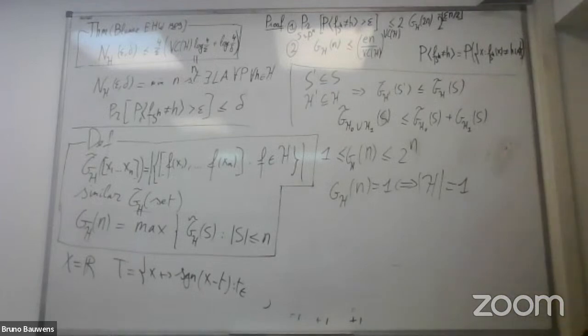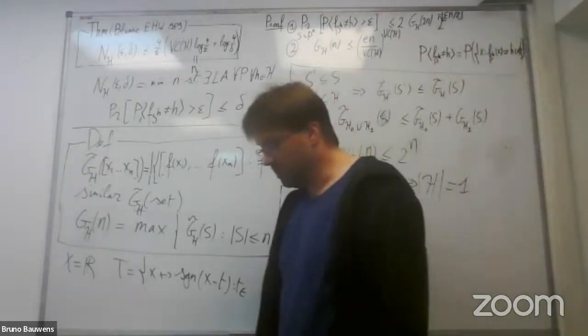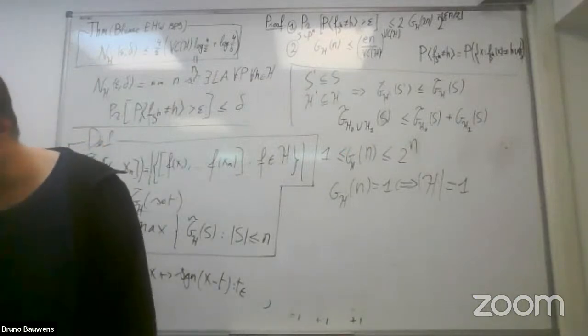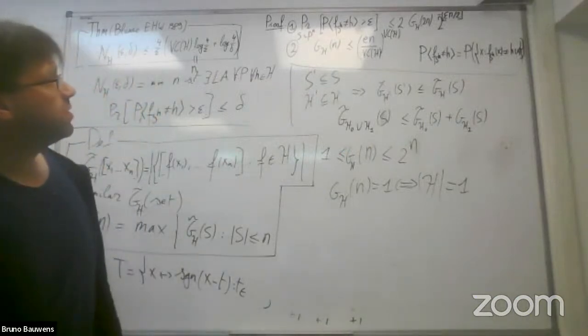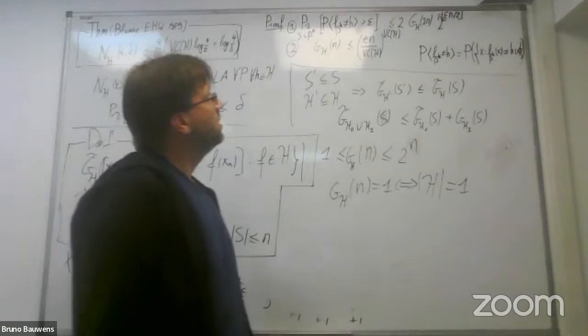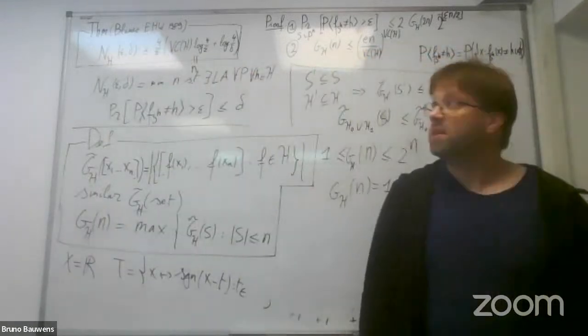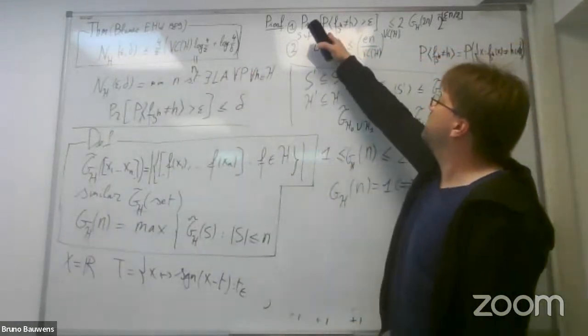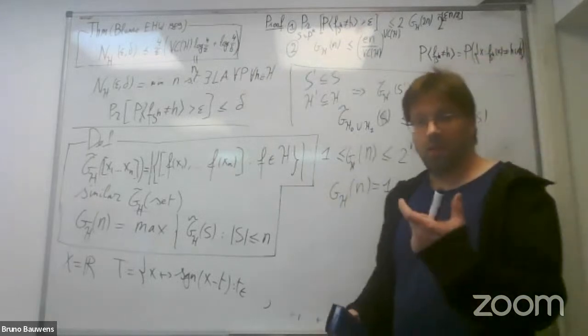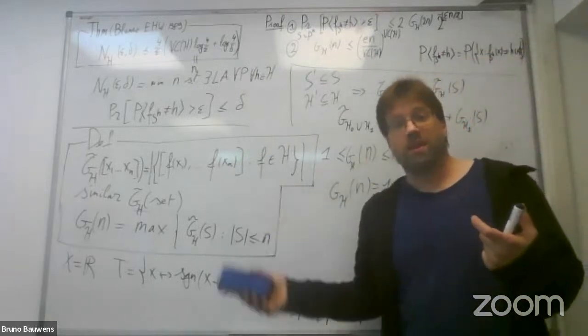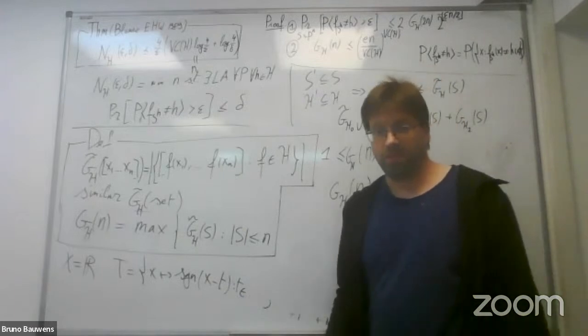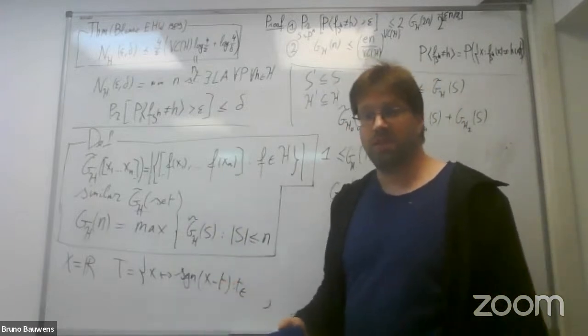Let us try to prove 1. And the idea is easy. The idea is that suppose that we output a bad function and then we check the value on the training set. So we generate a random training set.